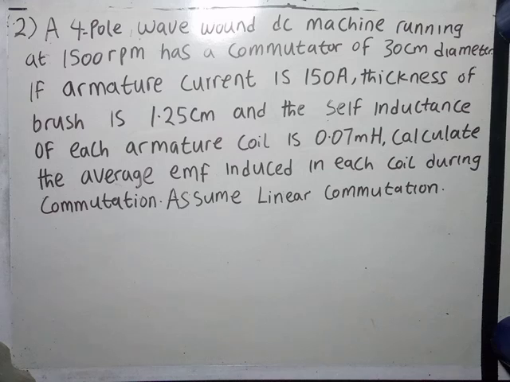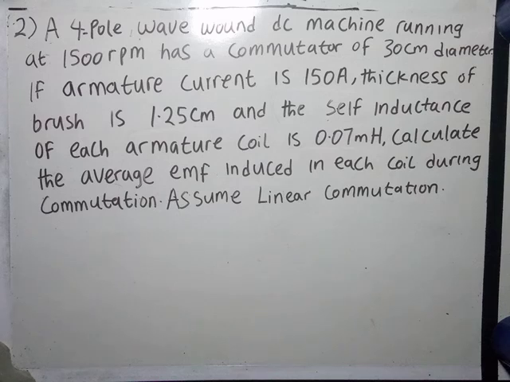Our question says a 4-pole wave-wound DC machine running at 1500 RPM has a commutator of 30 segments, 30 centimeter diameter.